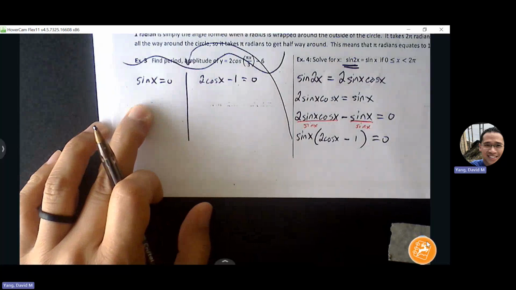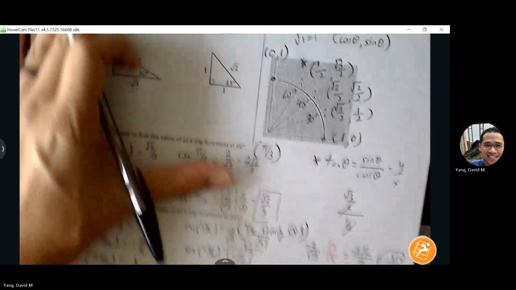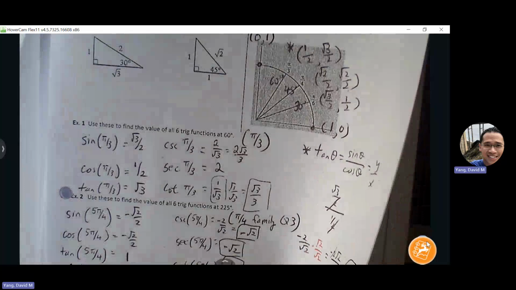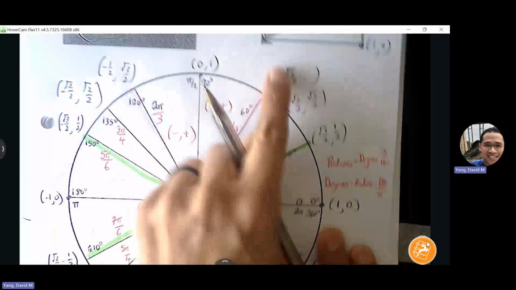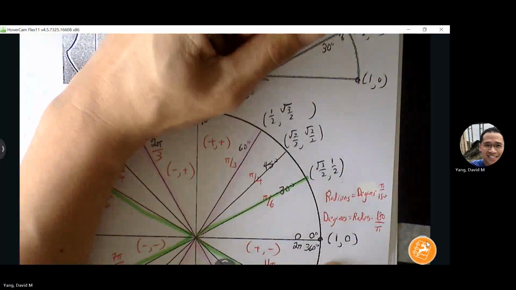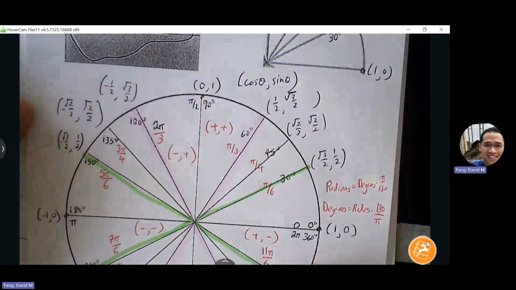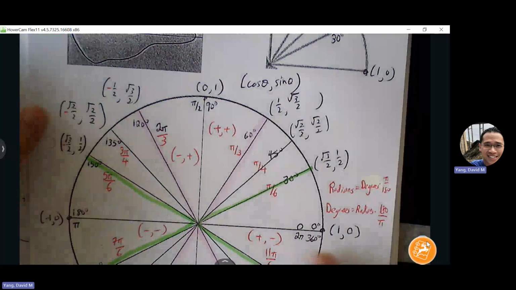Okay, so when is sine equal to 0? Yeah, so sine is equal to 0. If you want to look at your unit circle again, basically, when is my y value going to be equal to 0? Because I know that sine is my y value. So you know that it's going to be only zeros or ones along the axis.